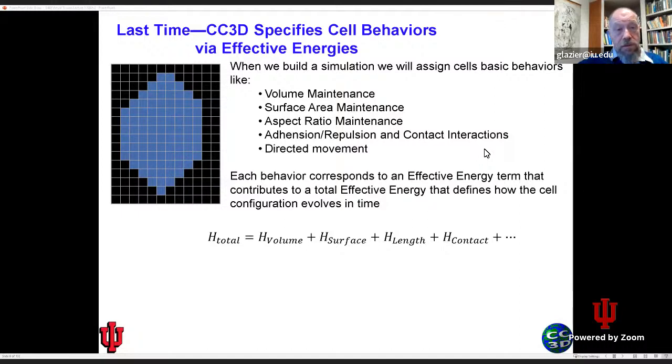One of the things that we often will do, which we'll need to wait a week or so for, is talk about chemotaxis, cells moving in response to chemical fields. That would be another effective energy term. Sometimes we want to put explicit forces on cells. We want them to move in a particular way. Those will be effective energy terms, and so on. And so again, a big part of our simulation will be defining an effective energy, which will be a sum of a bunch of terms, each one of which describes some microscopic or simpler property or behavior of the cell.